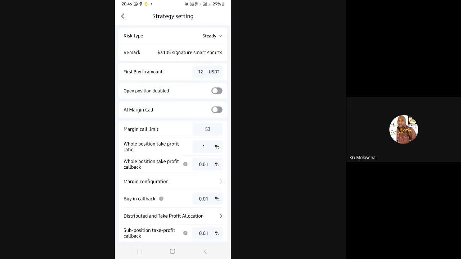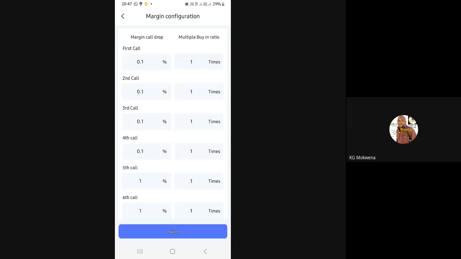So now you go to margin configuration. We agreed that on Bitcoin, until Bitcoin dumps heavily, we just leave 1% under distributed and take profit allocation, business partners. Call number 6, you can see is 1-1, right? Can you see call number 6 has 1 margin call drop and multiple buy-in ratio times?